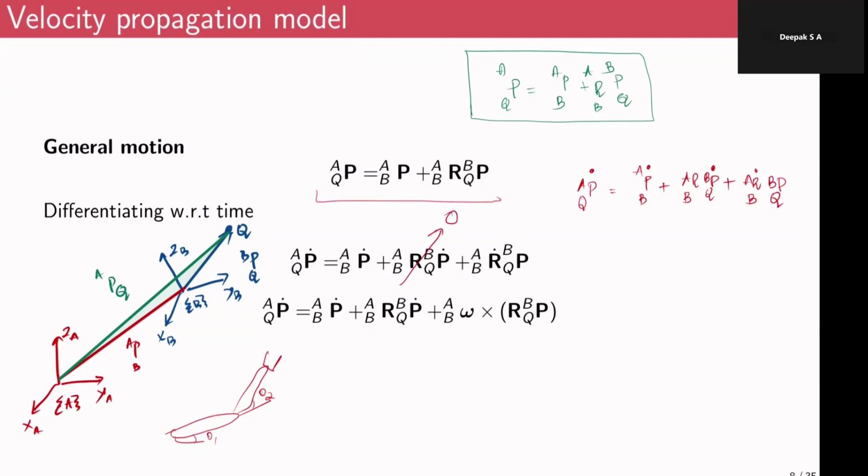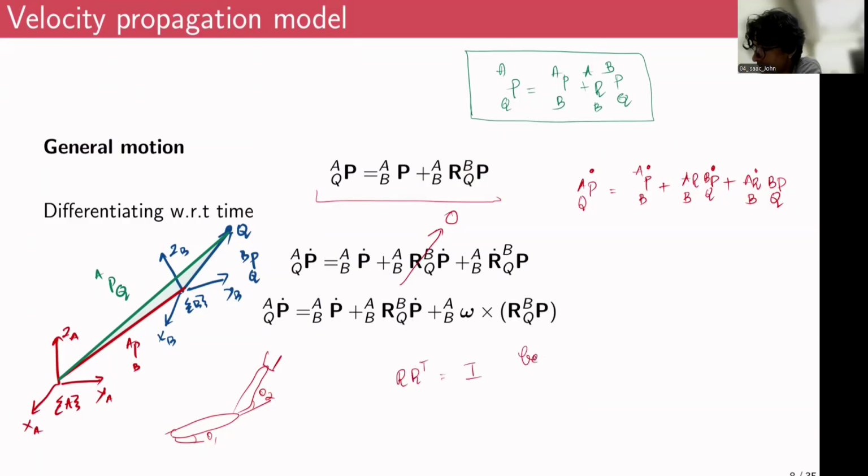And now we have to know what is the derivative of this rotation matrix. So how do you find out the derivative of a rotation matrix? What is the basic property of that? That rotation matrix is an orthonormal matrix, right? So R multiplied by its own transpose, R transpose, would be an identity matrix, right?